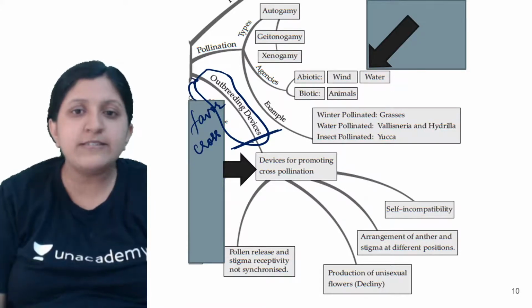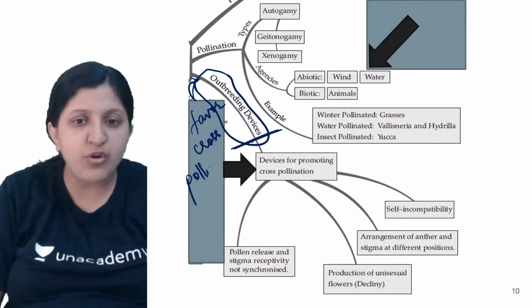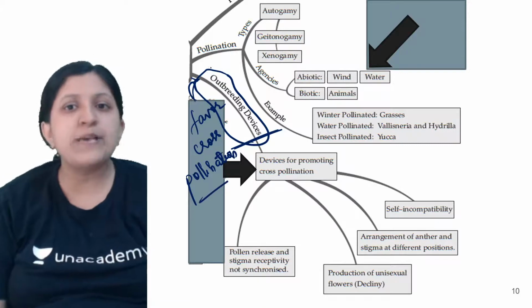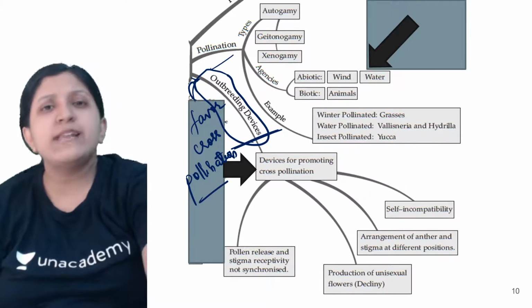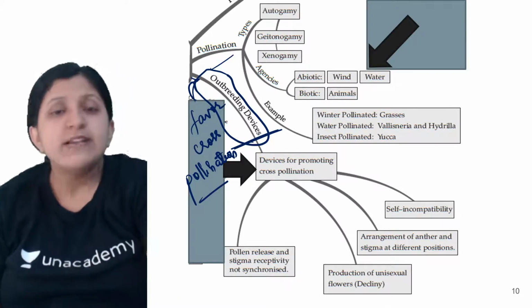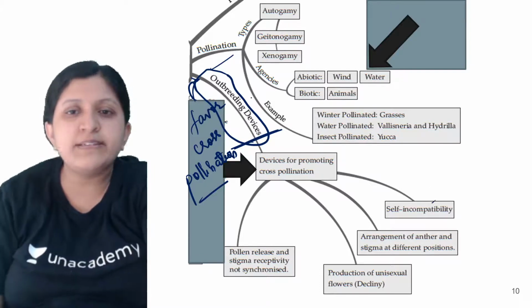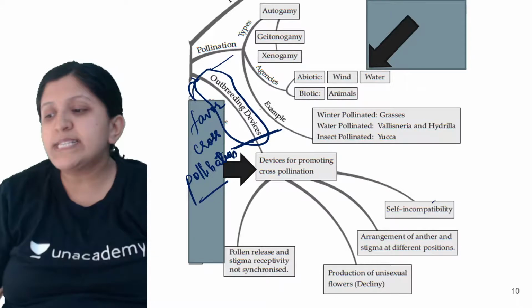Outbreeding devices are the ones which help in favoring cross pollination. We'll discuss this also. If you remember the terms, there is heterostyly, protandry, protogyny, self incompatibility. All that comes under outbreeding devices. So what exactly are outbreeding devices?